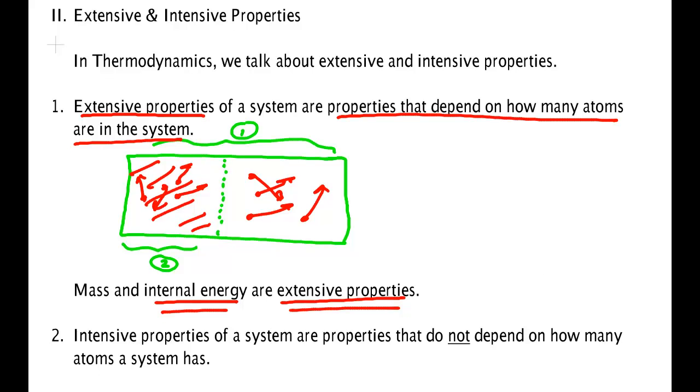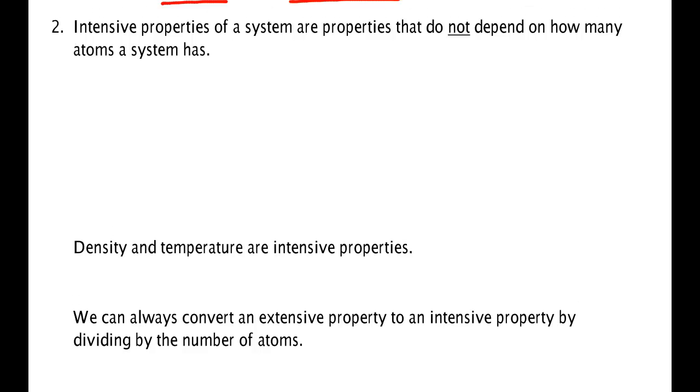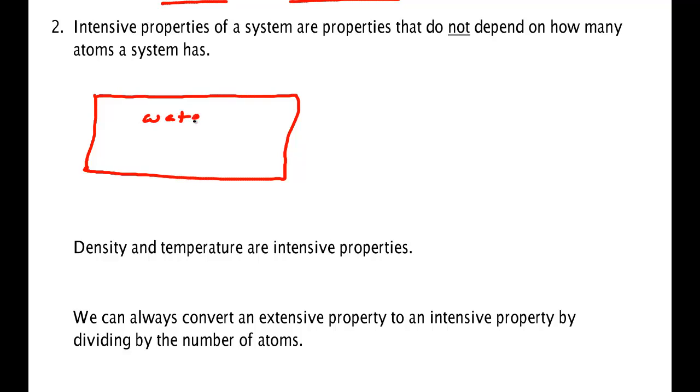Intensive properties are properties of a system that do not depend on how many atoms the system has. So let me show you an example of one of those. Let's say that you had water in this, and we happen to know that the density of water is 1 gram per centimeter cubed.